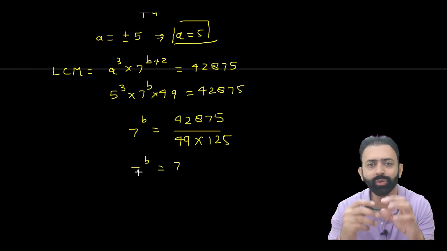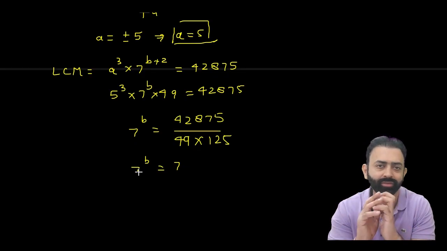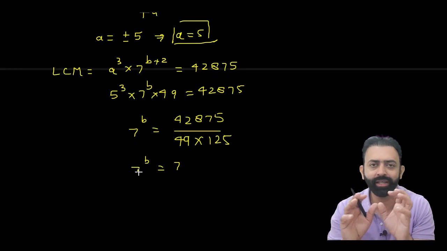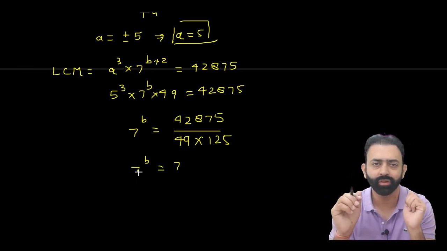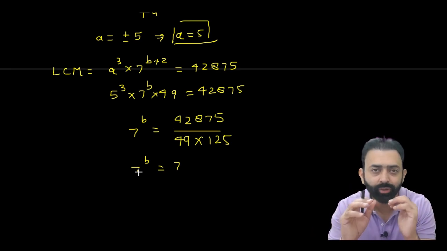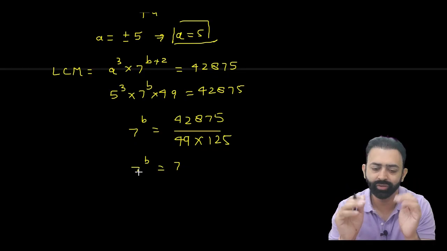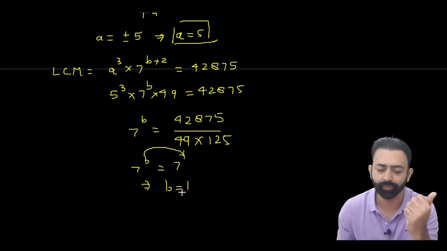And this condition is only true if the base is not equal to 1. If bases are equal on both sides, then exponents will be equal to each other, only if the base is not equal to 1. Right? So here the base is 7, so we can compare the exponents. In this case, b is equal to 1.